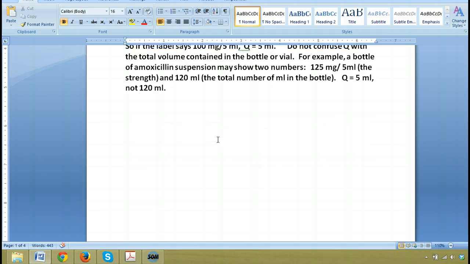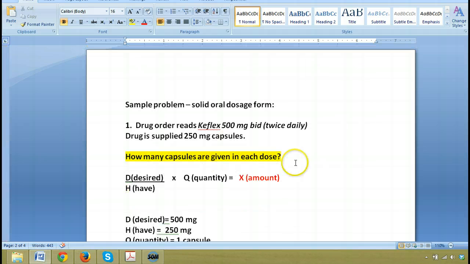Okay, let's go down and do a sample problem for a solid oral dosage form, a tablet or a capsule. The drug order is Keflex, 500 milligrams BID, and BID means twice a day. The drug is supplied in 250 milligram capsules.